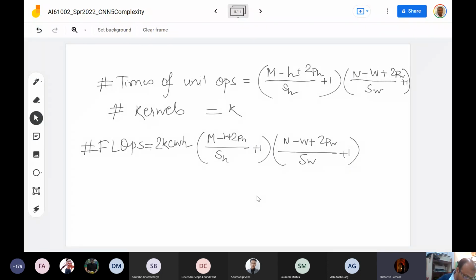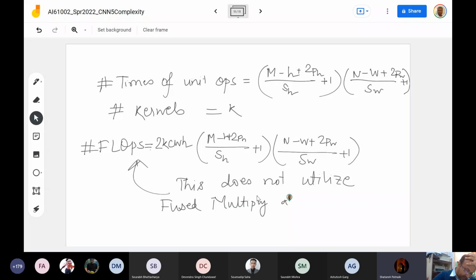But then this does not utilize multiply and accumulate, or what is called fused multiply and add, or FMA hardware acceleration.